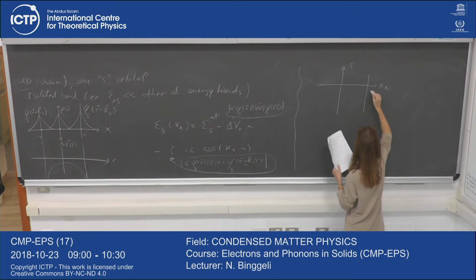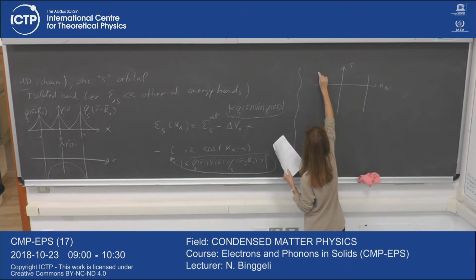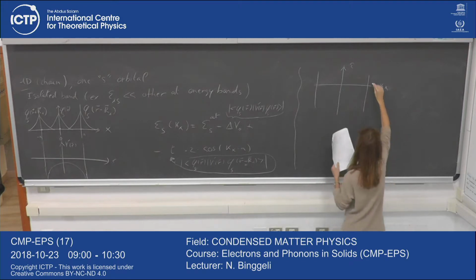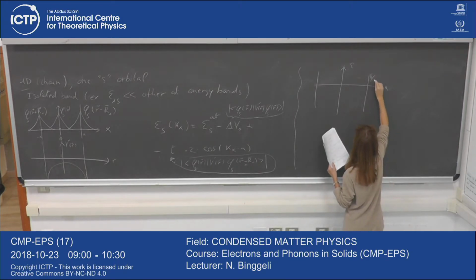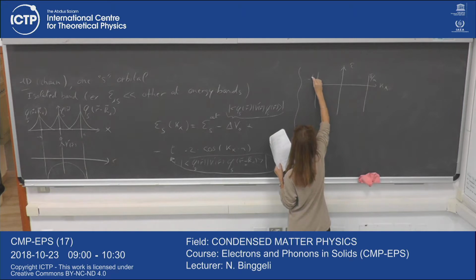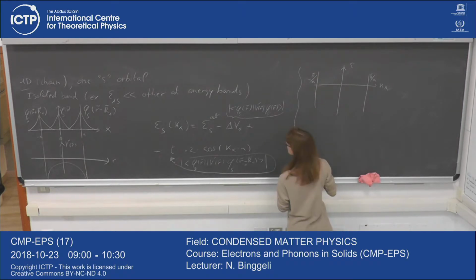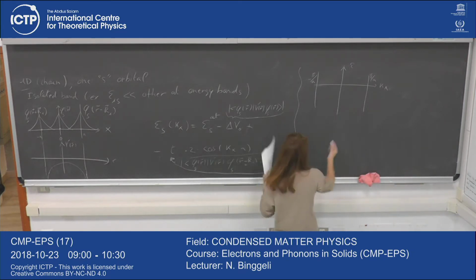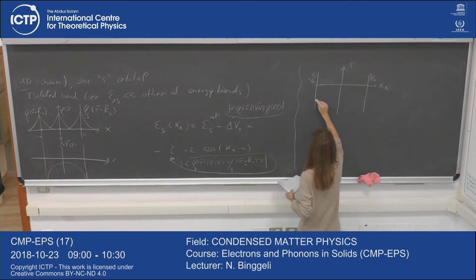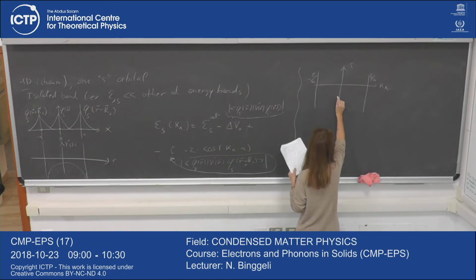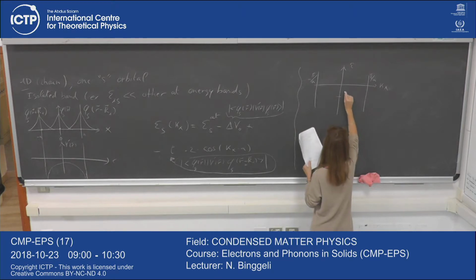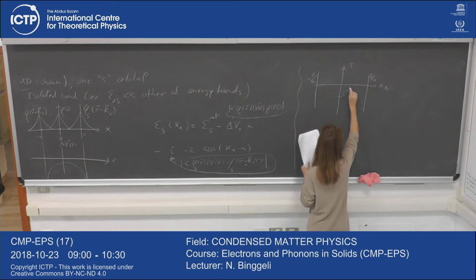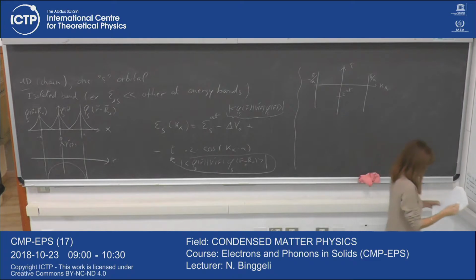Now I'm concentrating in the Brillouin zone, so the region between pi over A and minus pi over A for my one-dimensional chain. So the atomic energy of the 1s state, let's say it's here. So it's epsilon atomic, the level is positioned here below the zero.